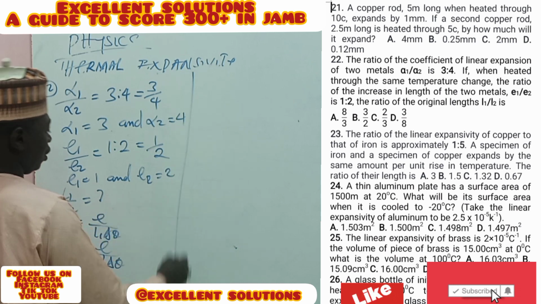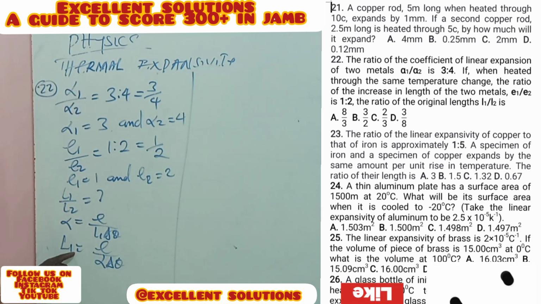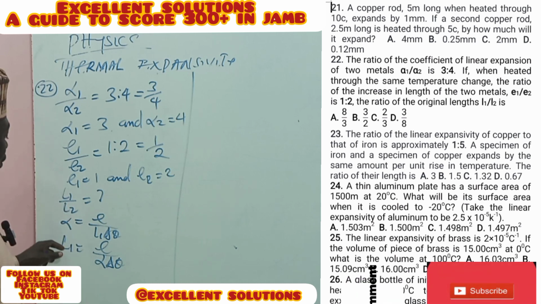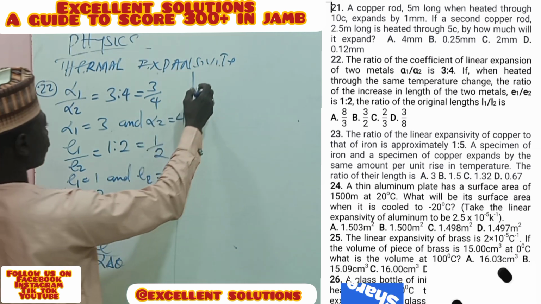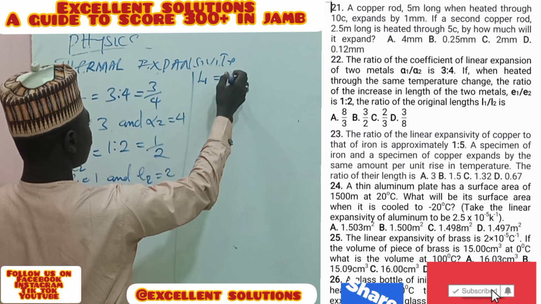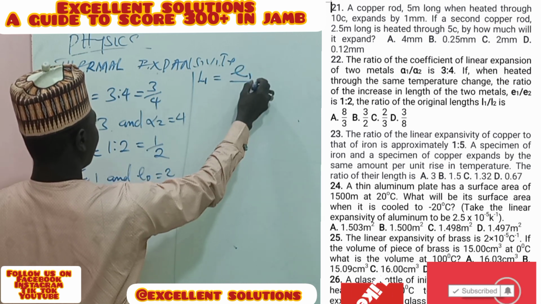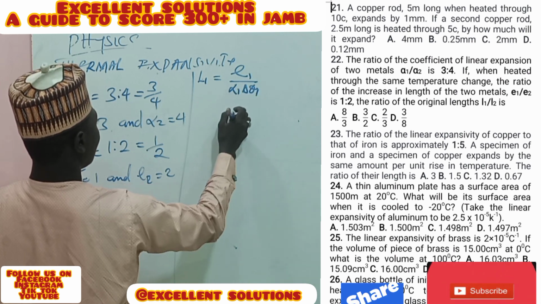So if we now substitute these for L1 of this one, L1 over L2 will now be: L1, we said, is equal to E1 over alpha 1 delta theta 1.